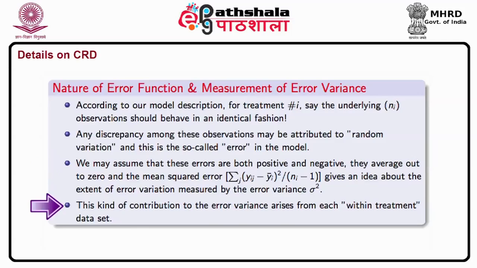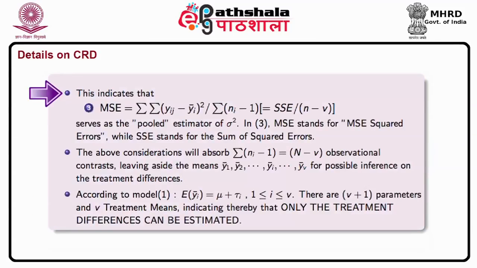So this kind of contribution to the error variance arises from each within treatment dataset. And this indicates that the MSE is equal to double summation Yij minus Yi bar whole square by sum over ni minus 1, which is equal to sum of squares of error by n minus v.